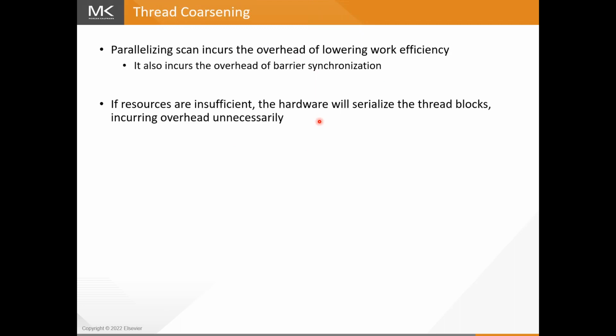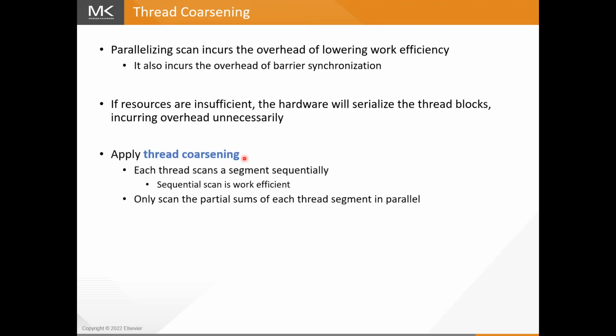So all that redundant computation and synchronization is paid unnecessarily. So what we can do instead is apply thread coarsening, where every thread sequentially scans a segment, and the sequential scan is work efficient, right? And then after that, we only have to scan the partial sums of the threads in parallel. Okay, let me illustrate what that looks like.